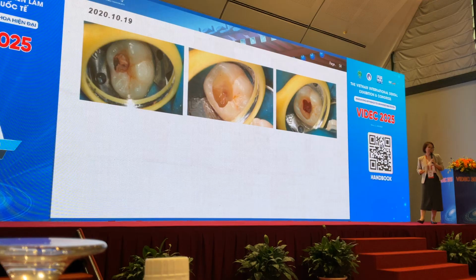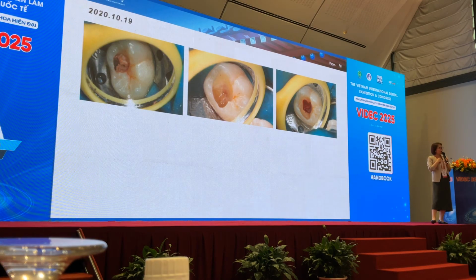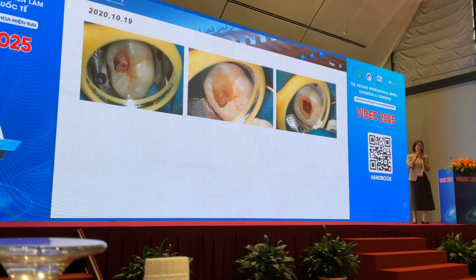So the first time, we just remove all the lesion tissue. You may find in the second picture the color a little dark, right? Then we remove it and expose the chamber. We did notice the white pulp tissue in the chamber, but its form and its color is totally different from the normal pulp tissue.